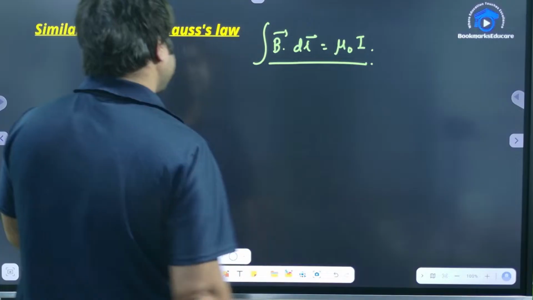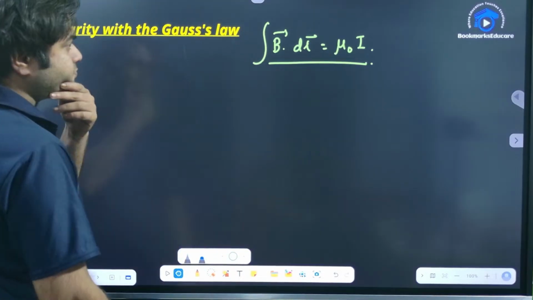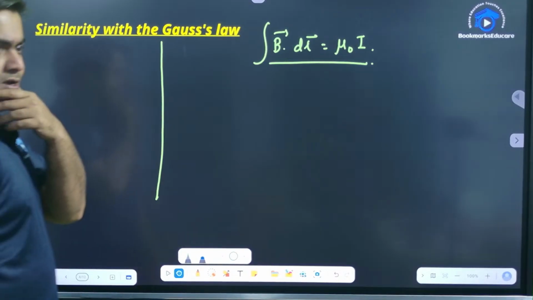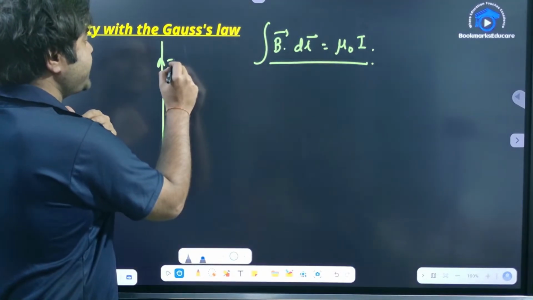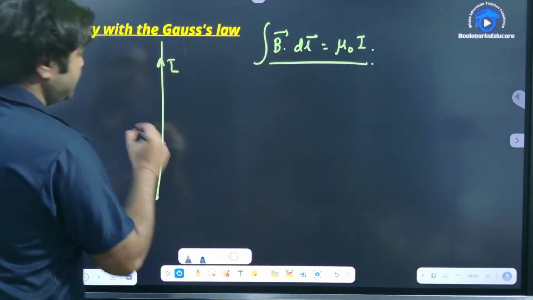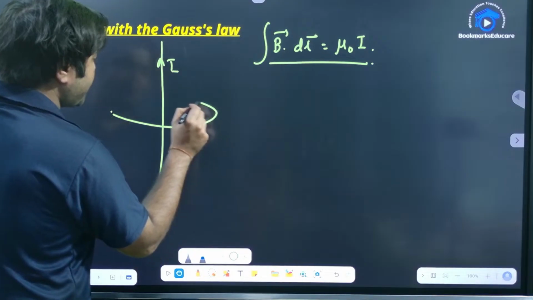How can we say this? Look, if you consider a long straight wire which is carrying the current I, we can consider an Amperian loop around it.